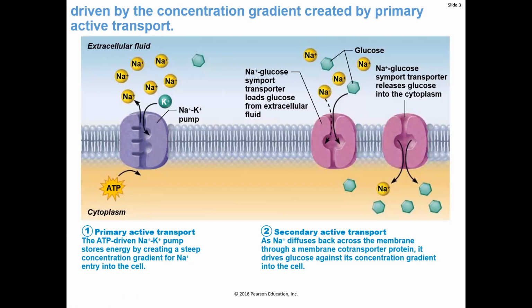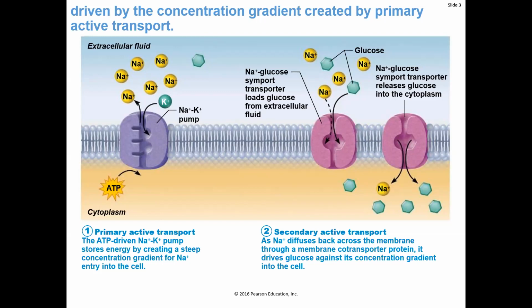Once we get those extra sodiums out in the interstitial spaces, they will diffuse back across the membrane, but they will do so in what we call a symport. The symport has a special notch on it, or a receptor site, for sodium and glucose together. It won't let sodium in by itself.